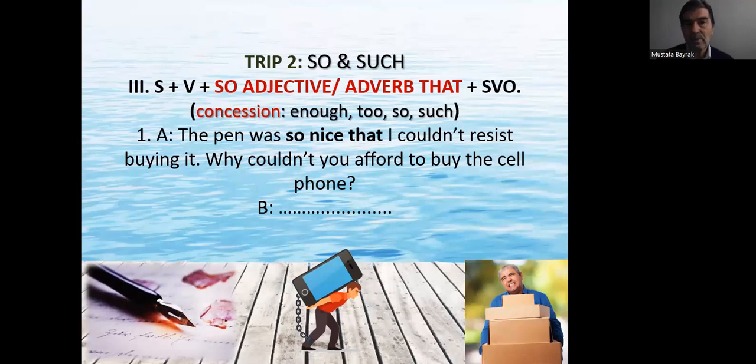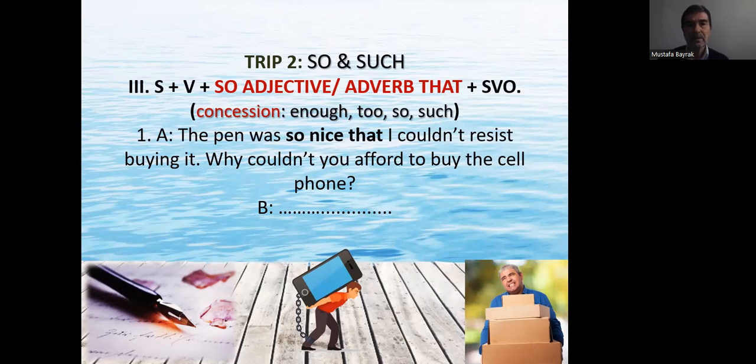Whether an adjective or an adverb comes after them, it is like this. They always come after the verb, whether the verb is to be, an action verb, or an action verb with a modal. But I think it is worth memorizing like this: so adjective that, so adjective that, so adverb that.